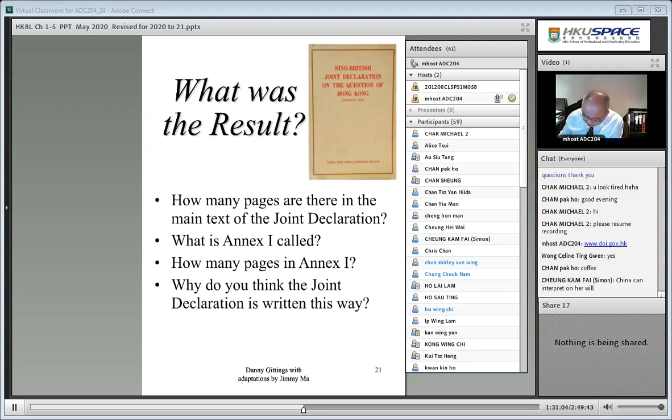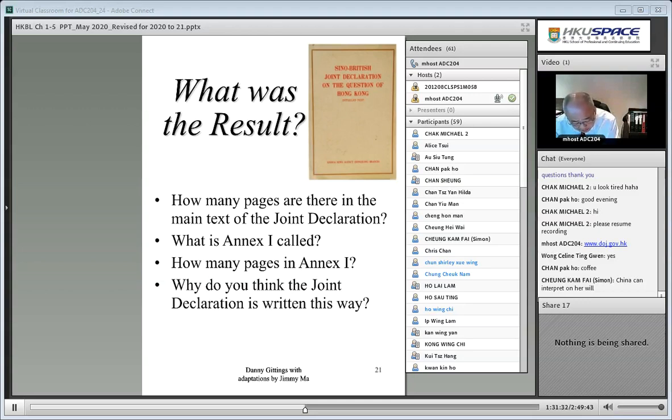For example, if you look at question 2, on page 14 of the manual, it says, identify at least 3 articles in the Hong Kong Basic Law that reflect the above basic policy. And that basic policy is that Hong Kong SAR will be directly under the authority of the CPG of the PRC.